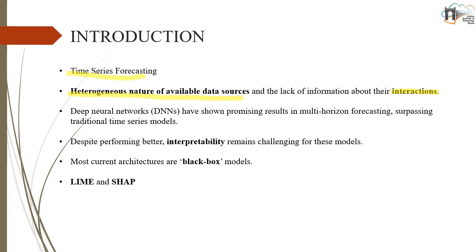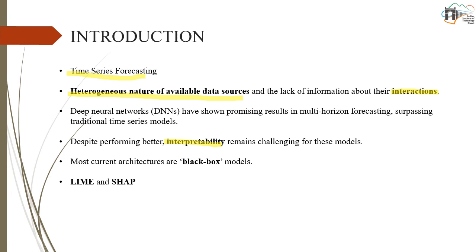Now, for a very long time, deep neural networks have been outperforming our machine learning models, and for many years we have been getting new frameworks which outperform the previous methods also. But one thing we can say very surely is that despite performing that well, interpretability always remained challenging for these models.